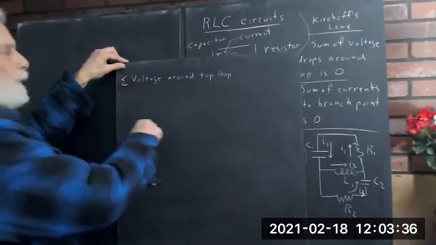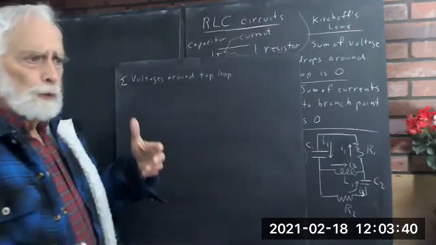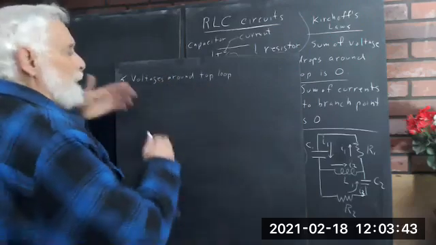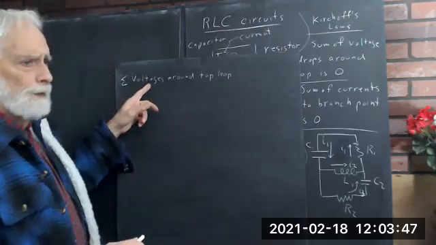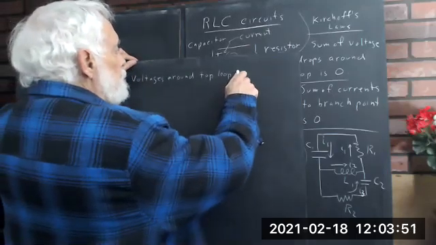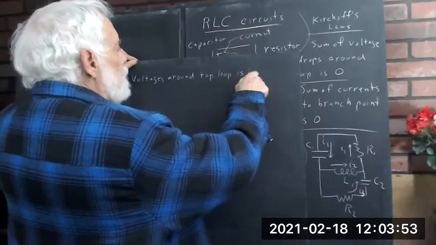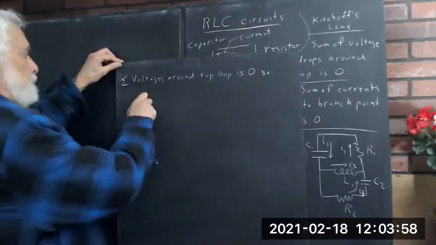I'll say the sum of the voltages around the top loop, and I really mean voltage drops. I don't have a lot of room, so I didn't write it as voltage drops. That's the proper way to refer to it. Voltage drops around the top loop is 0.